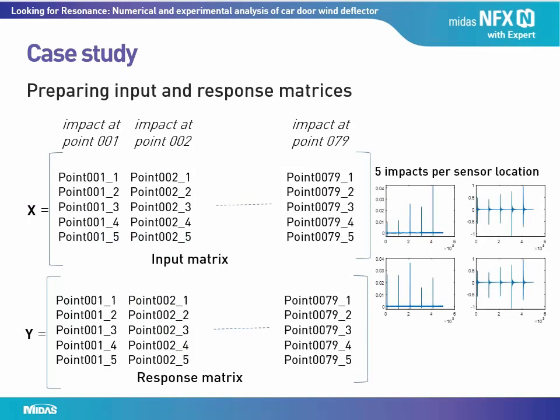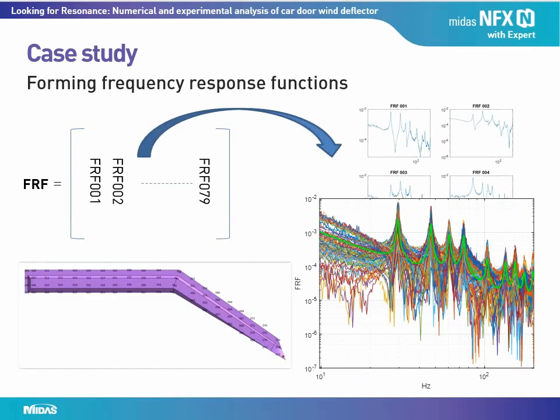In the processing software, we form 2 matrices. One is the input matrix, and the other is the response matrix. This graph shows 5 input pulses, 1, 2, 3, 4, 5, and the corresponding response waveform. The 2 matrices are processed to obtain the frequency response function matrix.